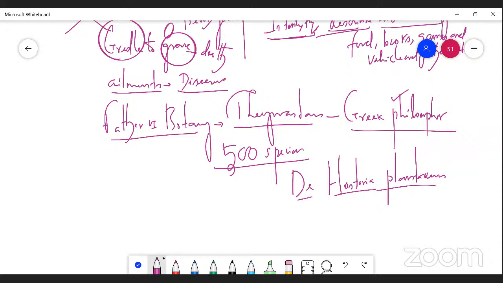De Historia Plantarum. In this book, Theophrastus gave names and descriptions of plants. It is mentioned in the book commonly called De Historia Plantarum. Later, Dioscorides, he is also commonly called a Greek physician.